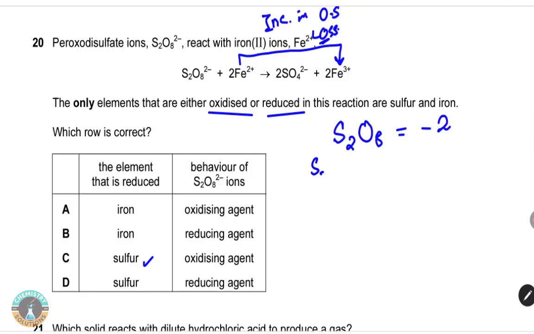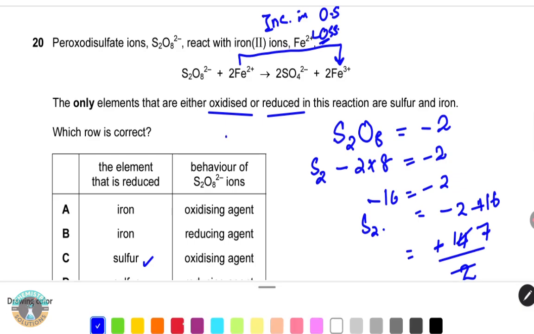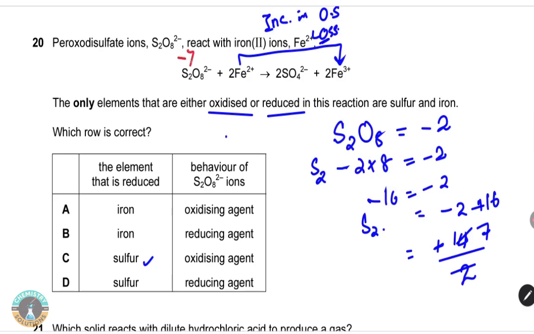We have to calculate the oxidation state of sulfur. -2 multiplied by 8 atoms of oxygen gives -16. So 2S minus 16 equals -2, so 2S equals +14, divided by 2 is 7. So here the oxidation state of sulfur is +7.